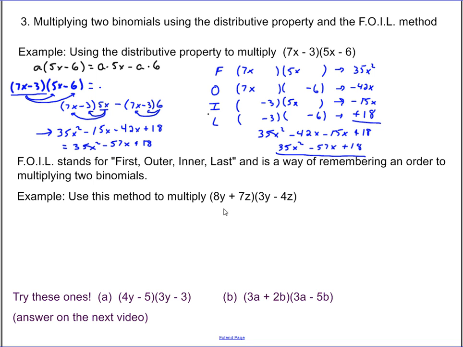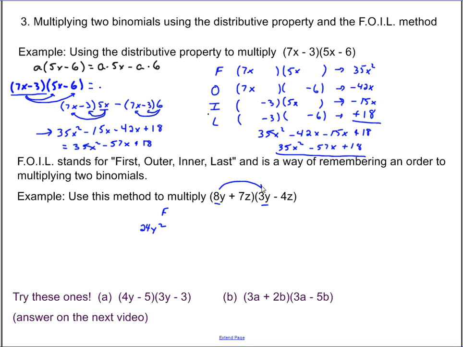Well, let's do another one. Let's take our example and multiply 8y plus 7z times 3y minus 4z. Everything works the same way. This time we can line it up horizontally rather than going side by side like this longish thing, which takes up a lot of room on the paper. Our first terms are 8y and 3y, and that's 24y squared when those are multiplied.